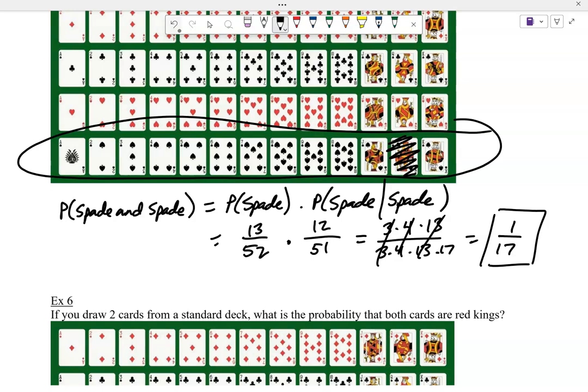That's the probability of that occurring, or 0.0588235 29. So about 5.88% probability that occurs.